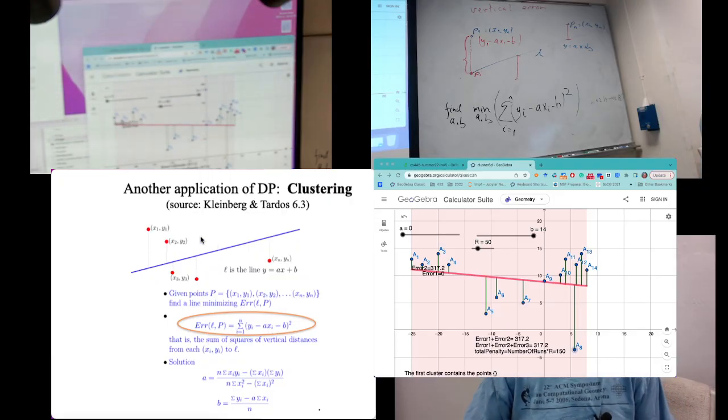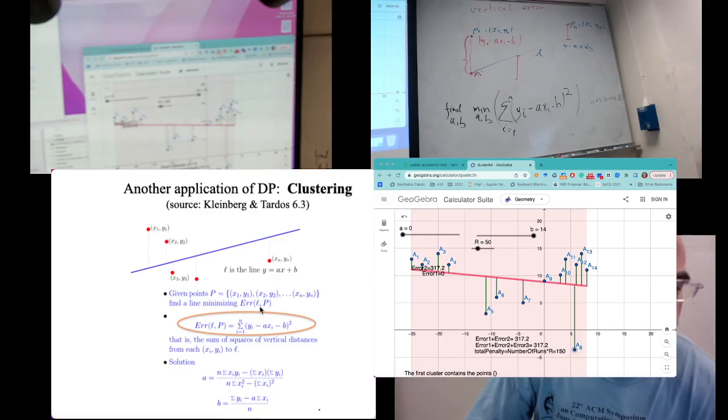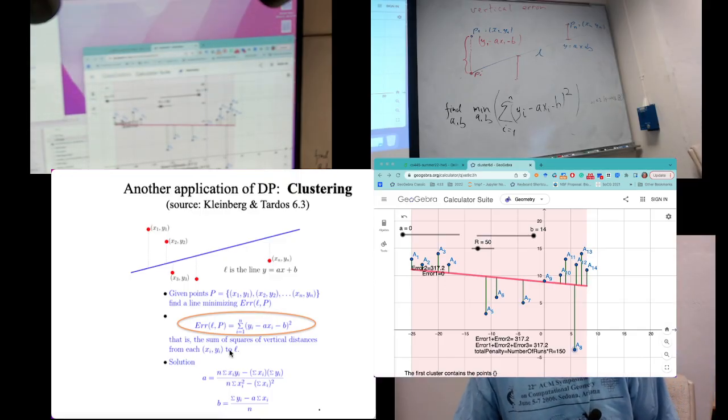So if I want to find the best line that fits this set of points, there are formulas that have been known for many, many years that tell you the best A that you can find. There is a line that minimizes this error, the sum of green squares that you see on GeoGebra.